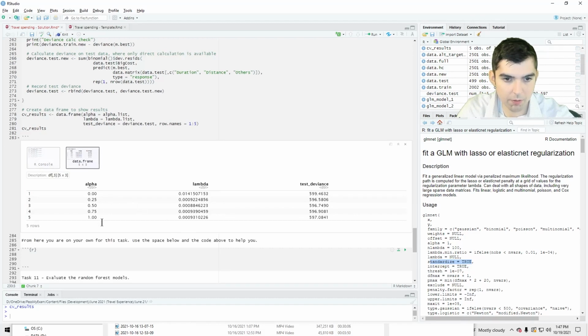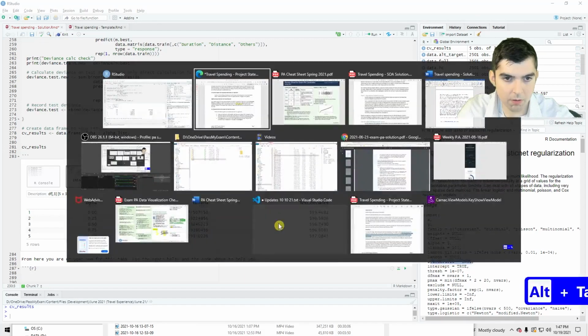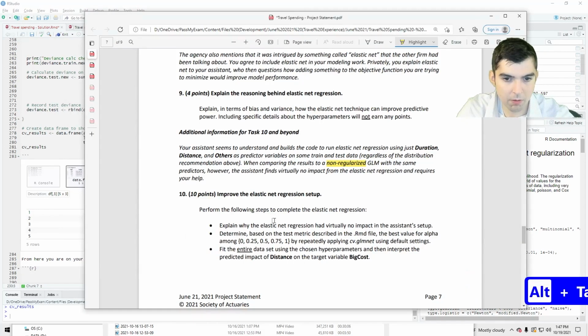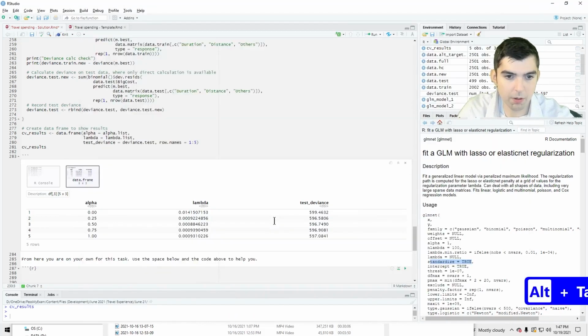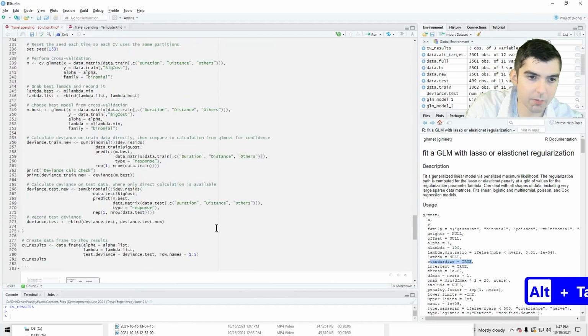So there's the value of alpha, there's the value of lambda, the test deviance. So you want to know what's the best deviance to use. Is a higher deviance or a lower deviance better?